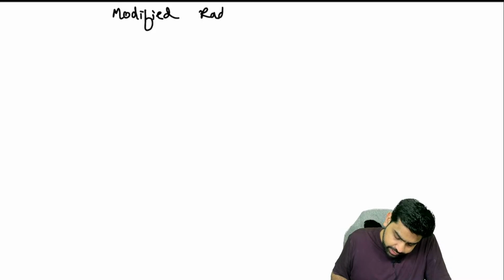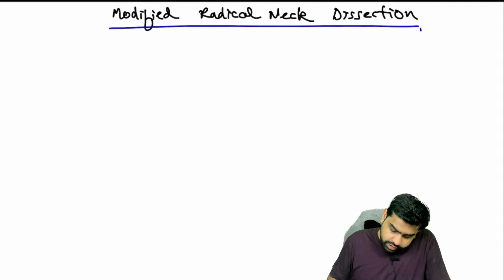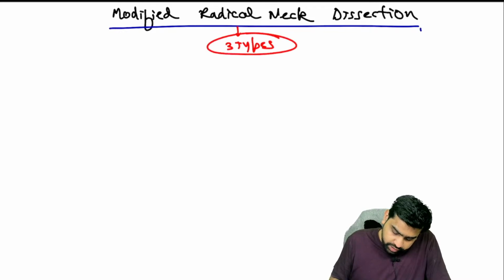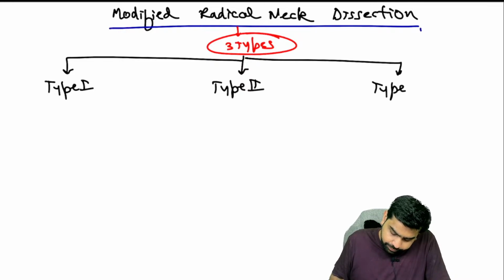So we came up with a modified radical neck dissection. What you need to understand here is that this is of 3 types: type 1, type 2, and type 3.